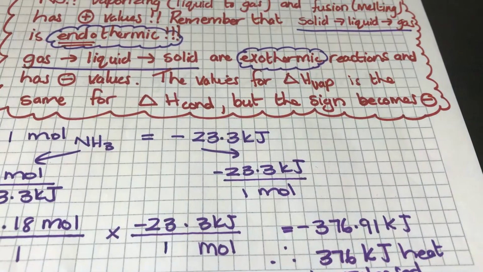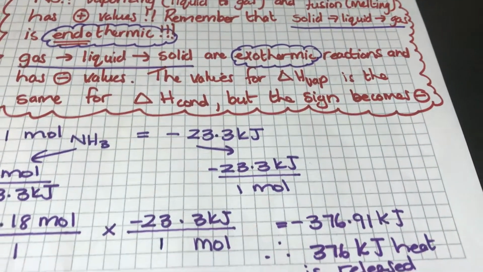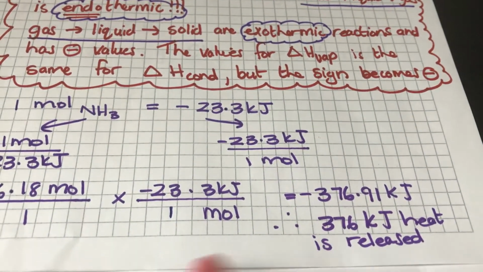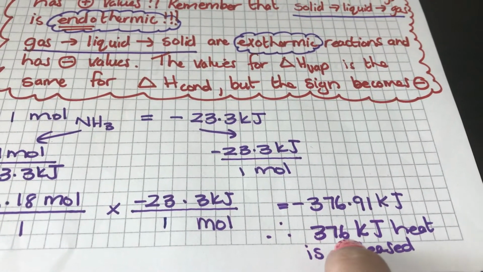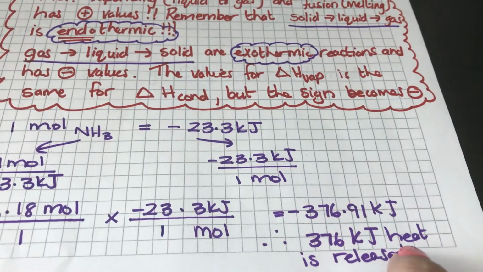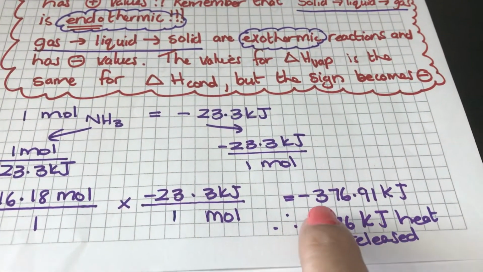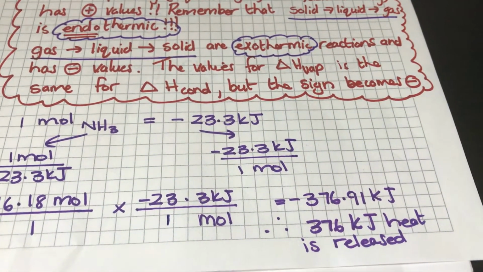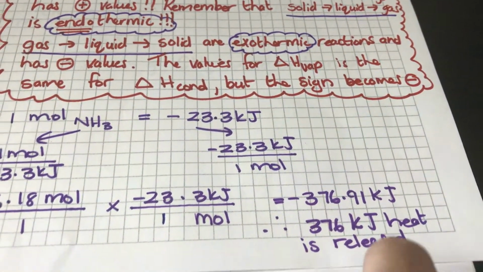The negative sign means heat is given off. I need heat to leave the system so that the ammonia can go from a gas phase to a liquid phase. So that means my final answer will be 376.91 kilojoules of heat is released.